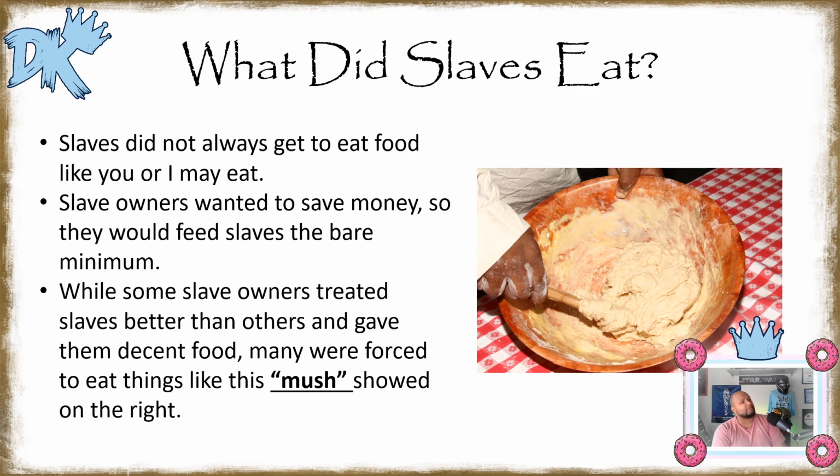And this is one of the problems that we face when talking about such a dark part of human and U.S. history in particular: not all slave owners were the same. There were many slave owners who treated people very, very well and treated them with the utmost respect and kindness. And there were owners who were absolutely horrifying and treated them in barbaric and brutal ways. It depended on who you were.